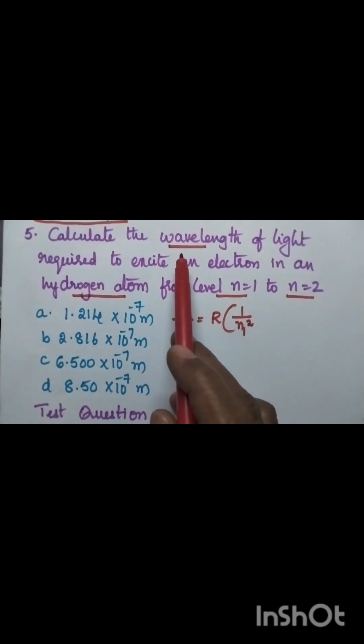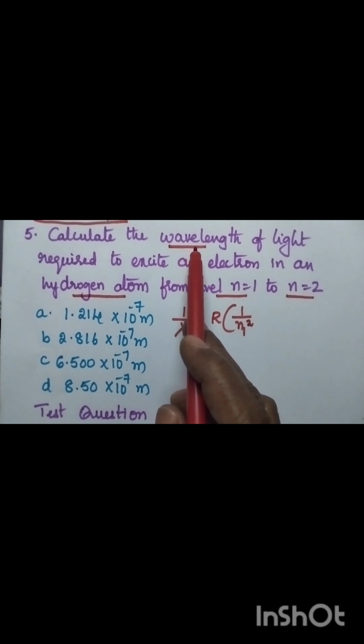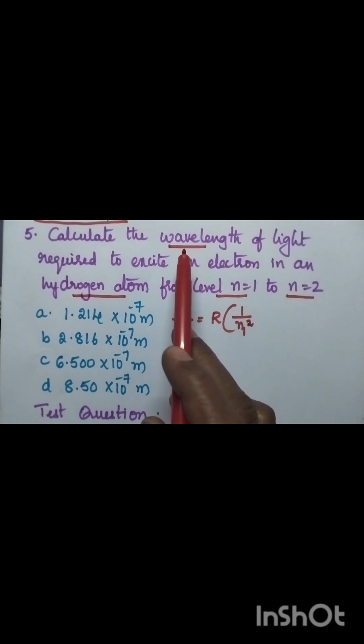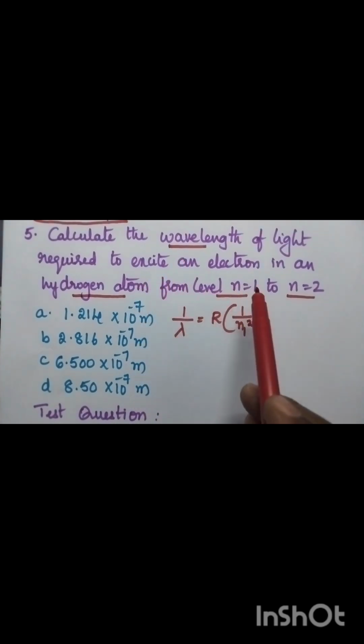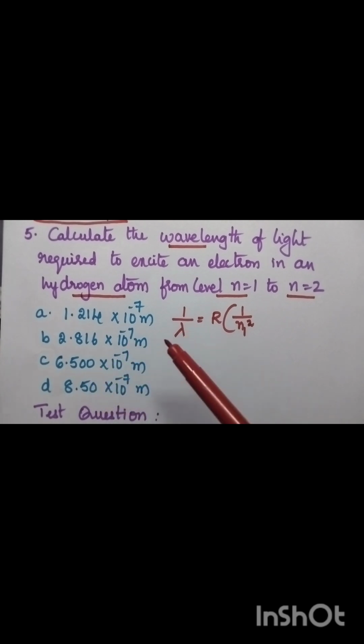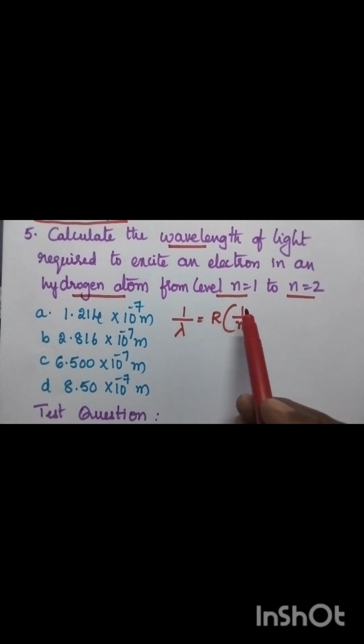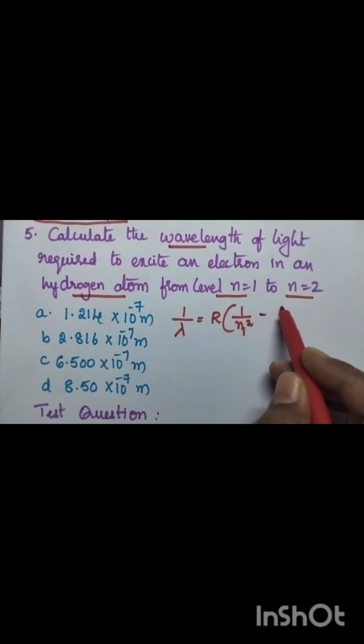Here we are supposed to calculate the wavelength required to excite an electron of hydrogen atom from level 1 to level 2. So we have to excite an electron from ground state to first excited state, and the best formula is 1 by lambda equal to R into 1 by n1 square minus 1 by n2 square.